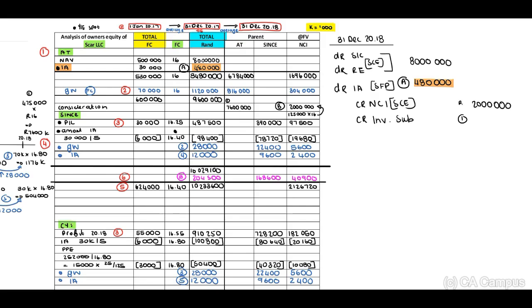You remember we have determined this, the 7.6 million. When you look at your analysis of owner's equity, calculation number 1 on the left side, number 1 in the at column. And we will have to debit the goodwill. Our goodwill, and this will be an amount of 1,120,000, and I'm going to call this my reference C.